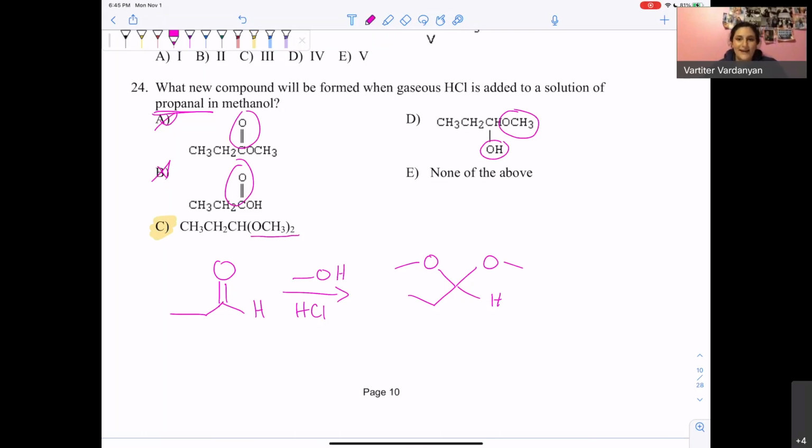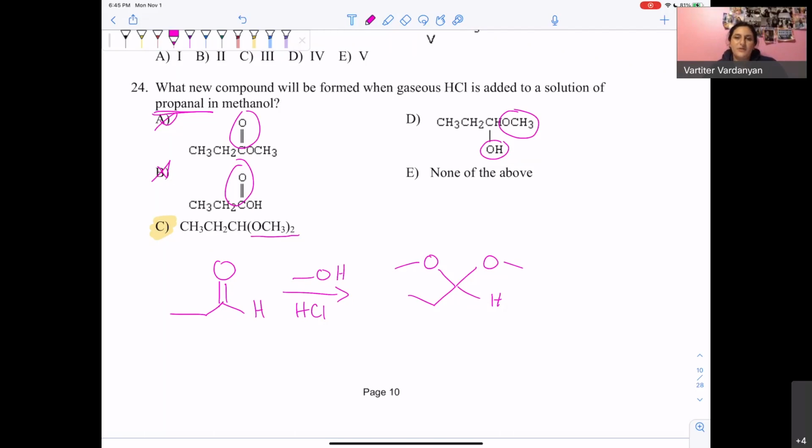For a question like this, would we have to solve it like what we just did, or just look at the answer choices and choose? But it could also be none of the above. That's true. It's not often none of the above. So if you're really short on time, doing it that way is completely fine.